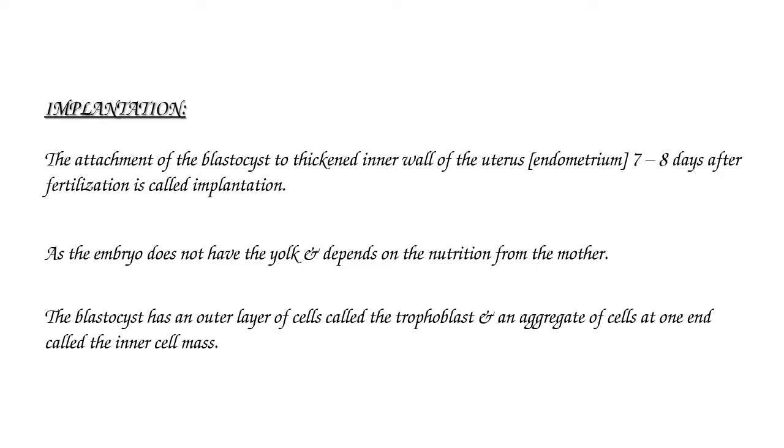The blastocyst has an outer layer of cells called trophoblast and an aggregate of cells, or mass of cells, at one end called the inner cell mass.